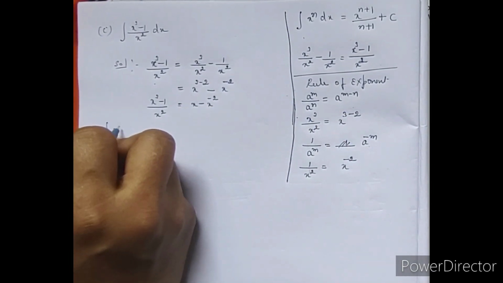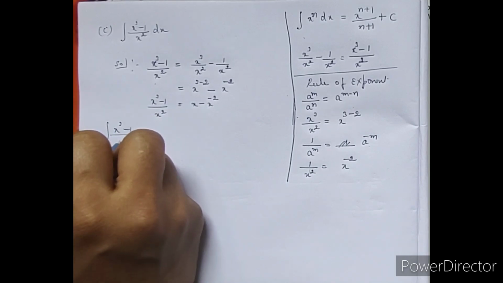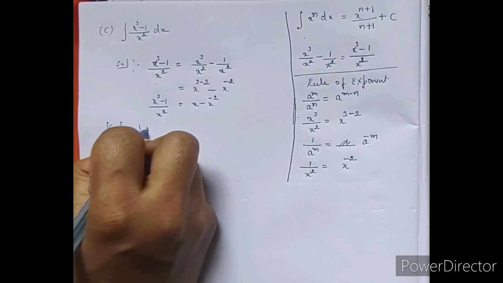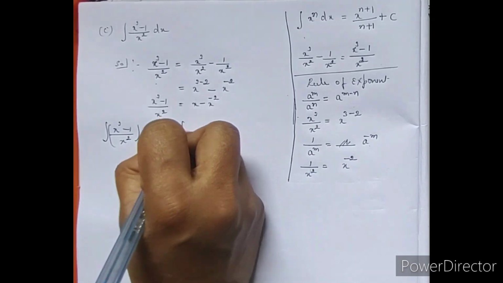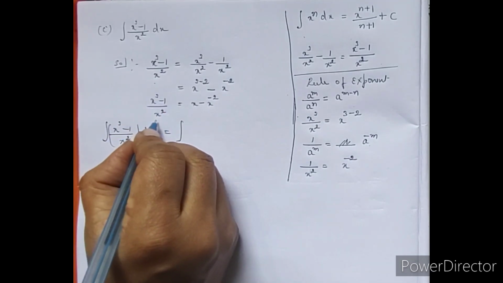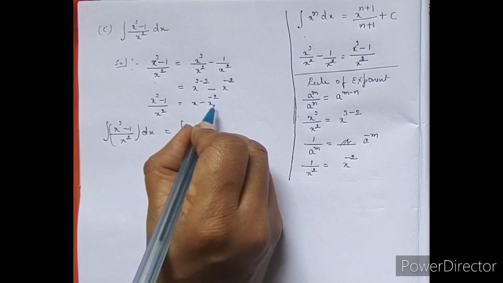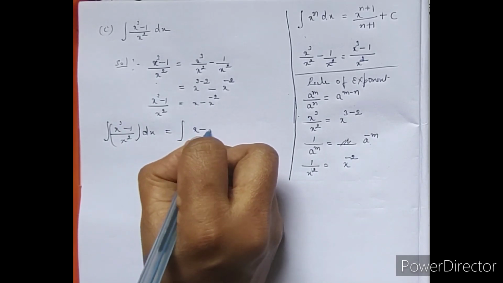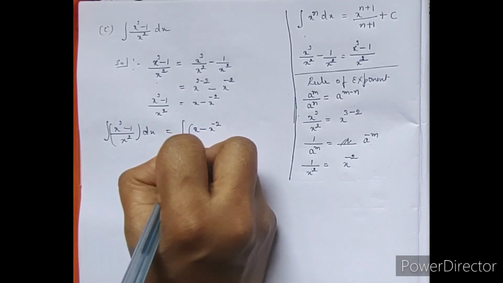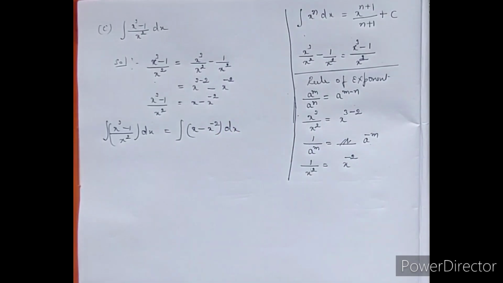Therefore integration of x cube minus 1 divided by x square dx is the same as integration of x minus x to the power of minus 2 dx.